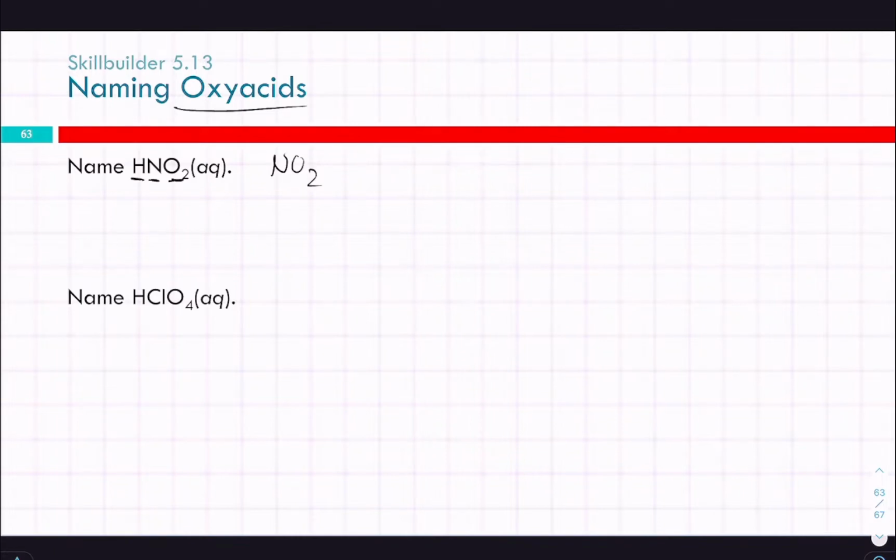NO2 minus is nitrite. So we're going to change this ITE ending to OUS, and it will be nitrous acid. So the hard part is knowing the names of the oxyanions.